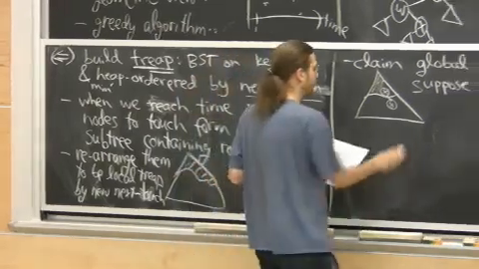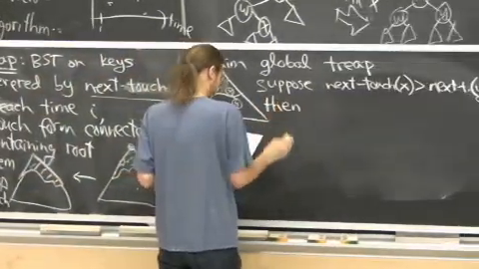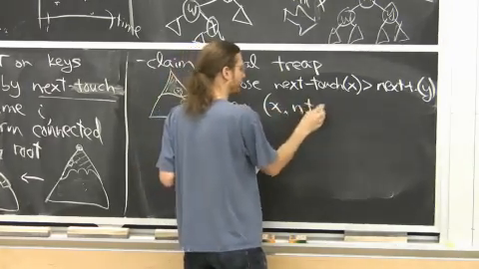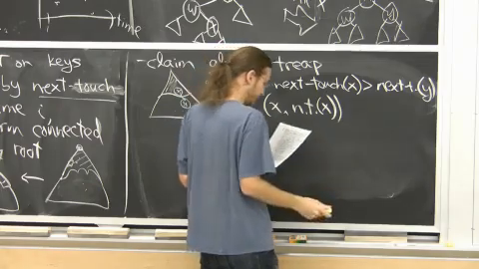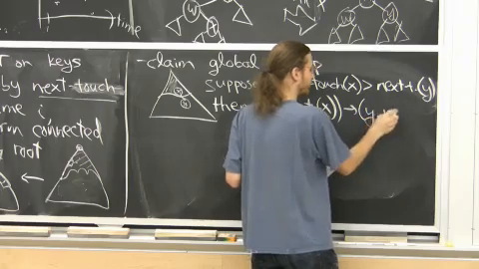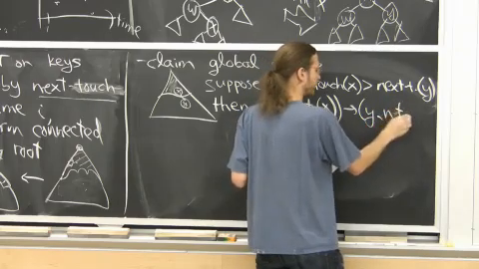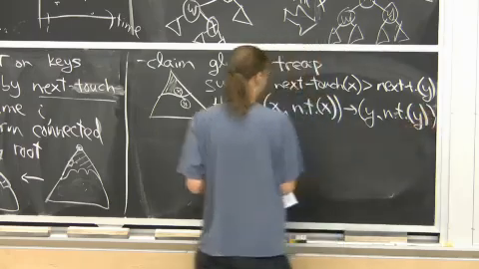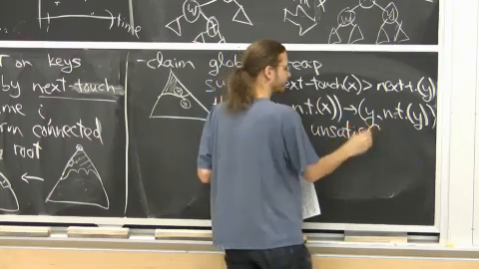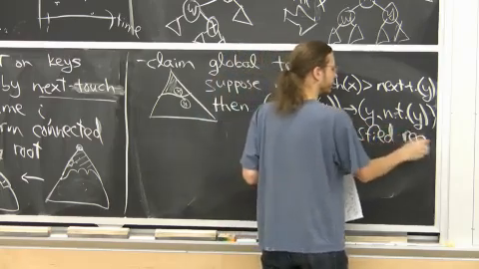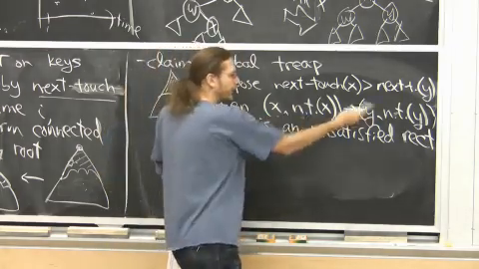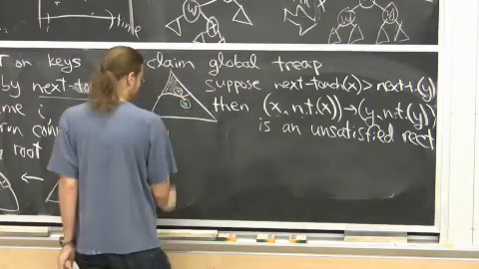So, claim is we get an unsatisfied rectangle, based on x and its next touch time and y and its next touch time. So let's draw the picture.